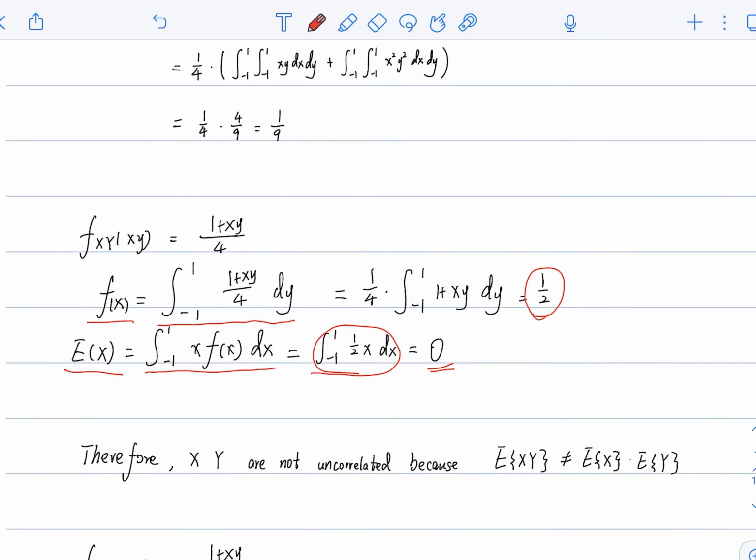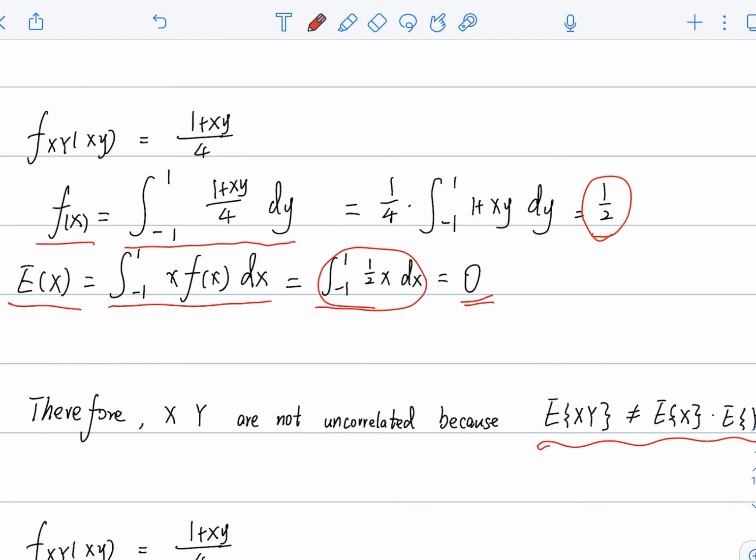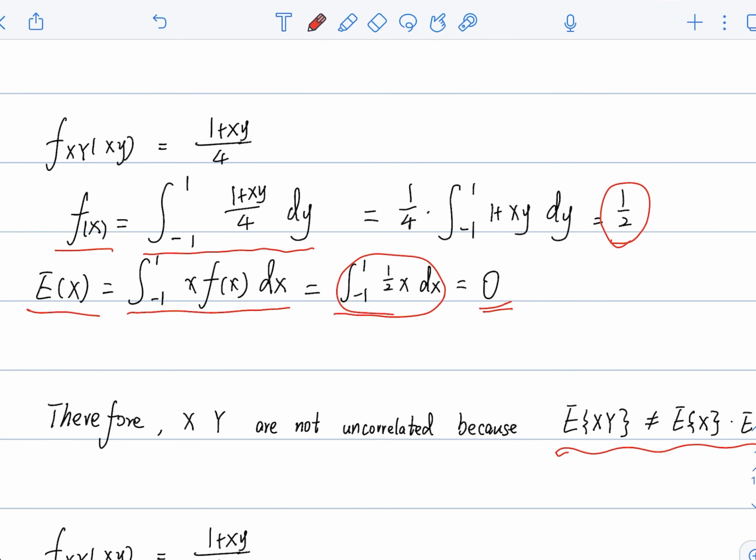Hence, we find that E[XY] is not equal to E[X] multiplied by E[Y]. Therefore, they are not uncorrelated.